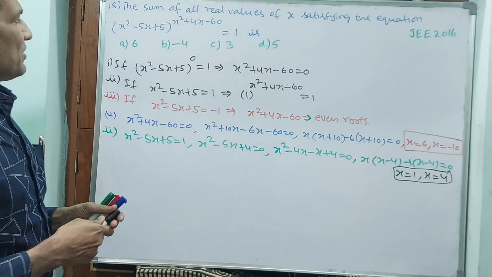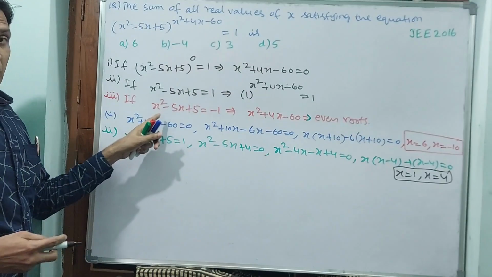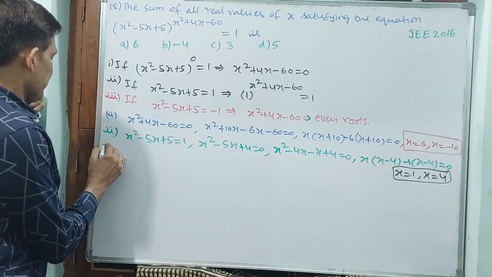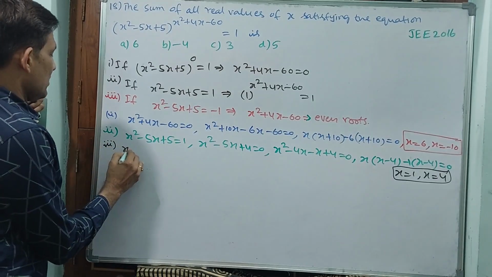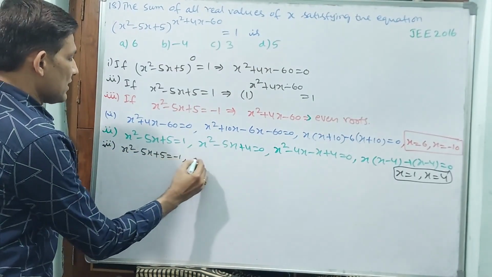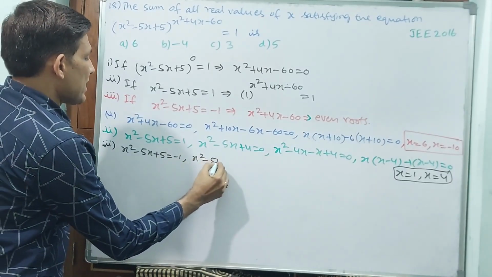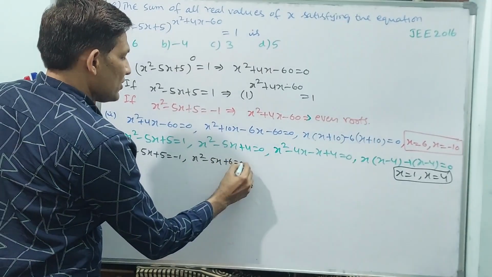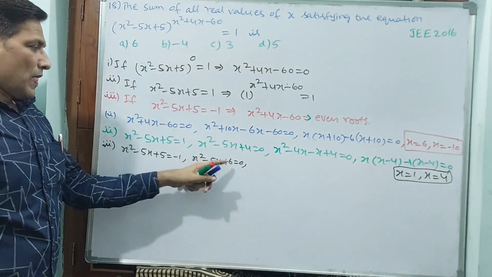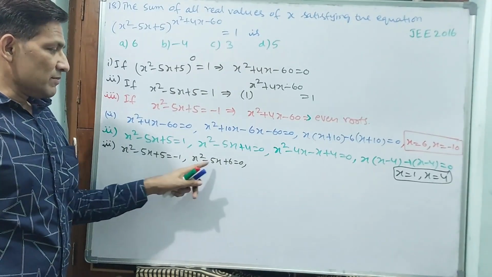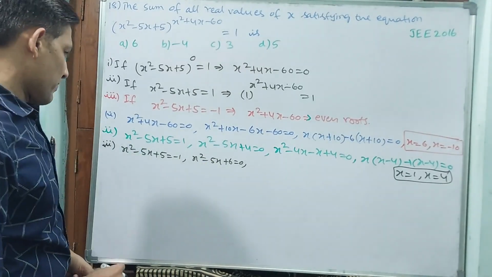Now see the third option. The third option is x square minus 5x plus 5 is equal to minus 1. Or else x square minus 5x, minus 1 if this side comes, means plus 6 is equal to 0. See, 6 into 1 is 6, 6 minus 1 is 5.